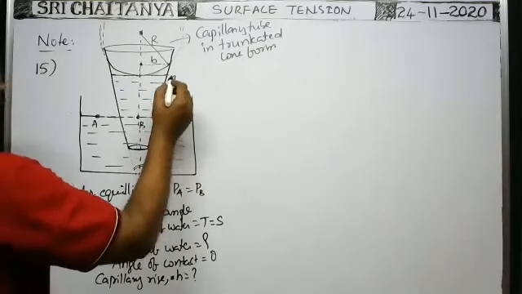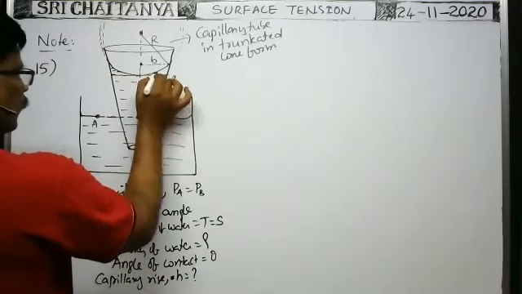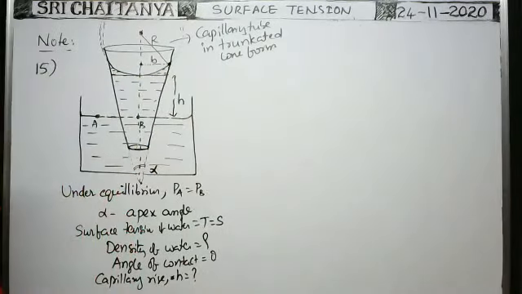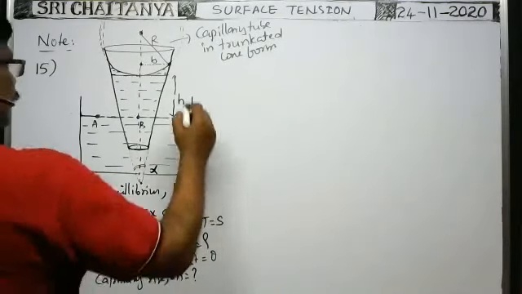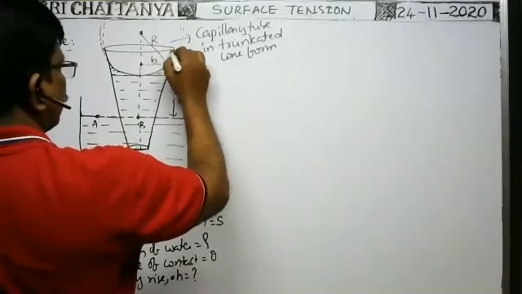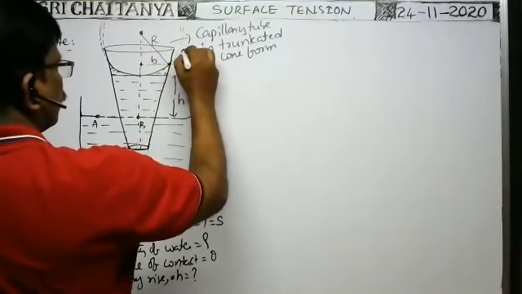Now here you see, this is the meniscus. At this point of contact of the liquid surface with the inner wall of the truncated cone, when you draw the tangent at this point, that is normal to this line.